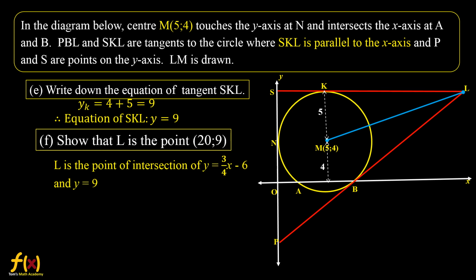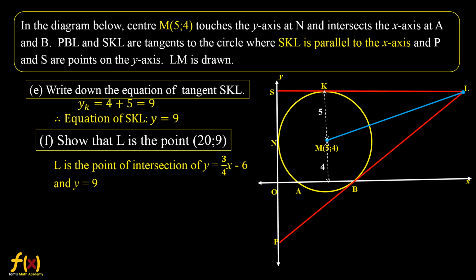Now, we know that L is a point of intersection of the two lines. What are the two lines? PBL and SKL. Equation of PBL is already calculated: y equal to 3/4 x minus 6. Equation of SKL is now calculated: y equal to 9. So we equate both.